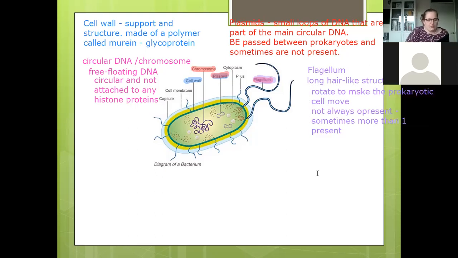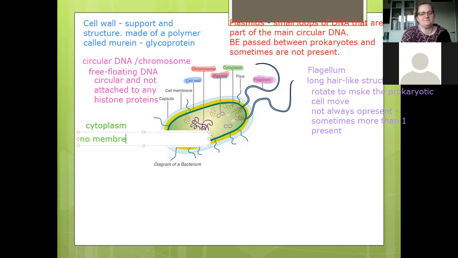Then we have the cytoplasm. The cytoplasm of a prokaryotic cell has no membrane-bound organelles, unlike our eukaryotic cells. That's the really important bit.